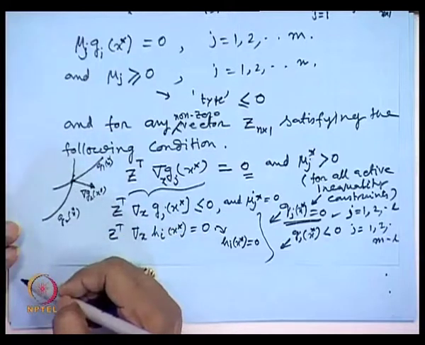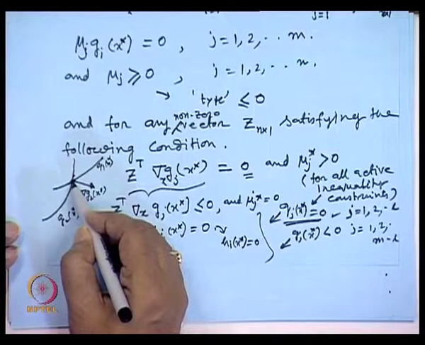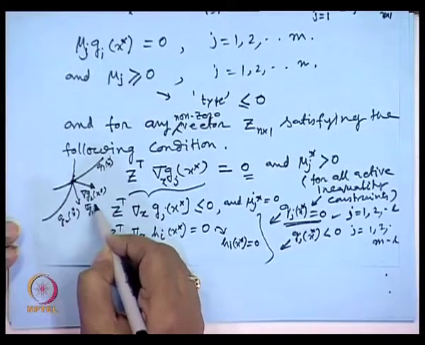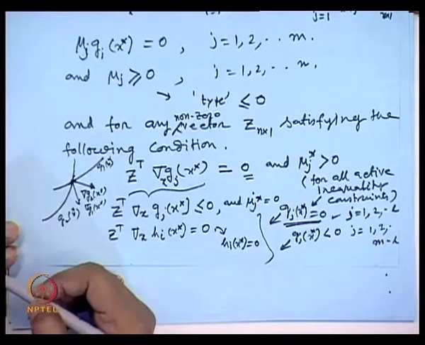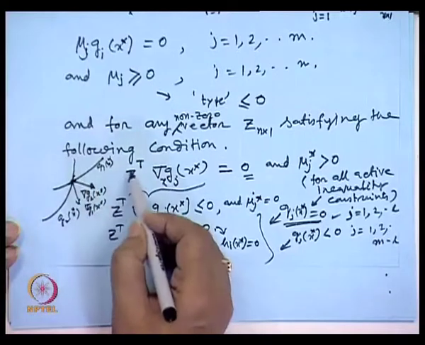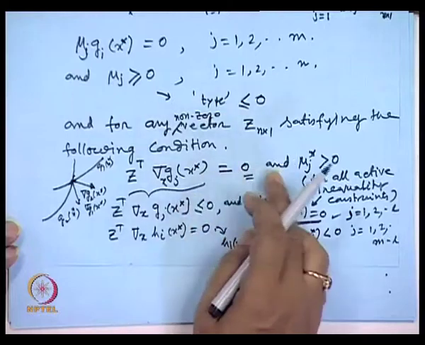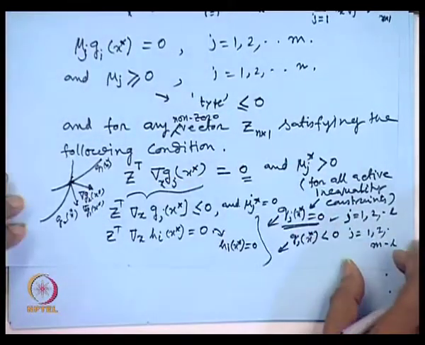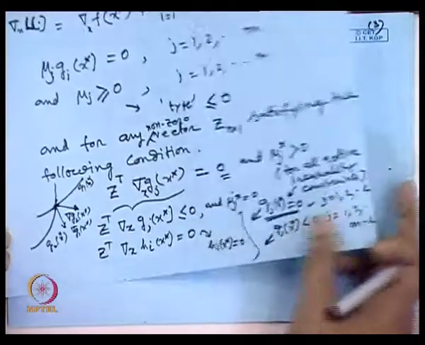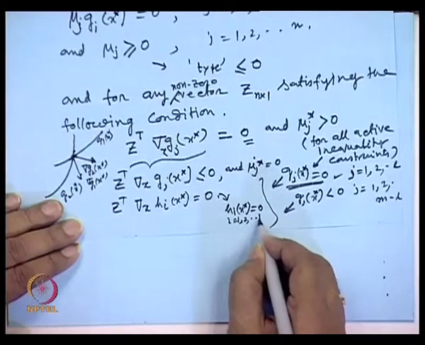And here, corresponding to this curve, draw a tangent, and perpendicular to this one is the gradient of g_1 of x star. So the tangent direction is z, and z transpose times this must be equal to 0. Similarly, the h case also you can show. So this is for all constraints, for i equal to 1 to p.